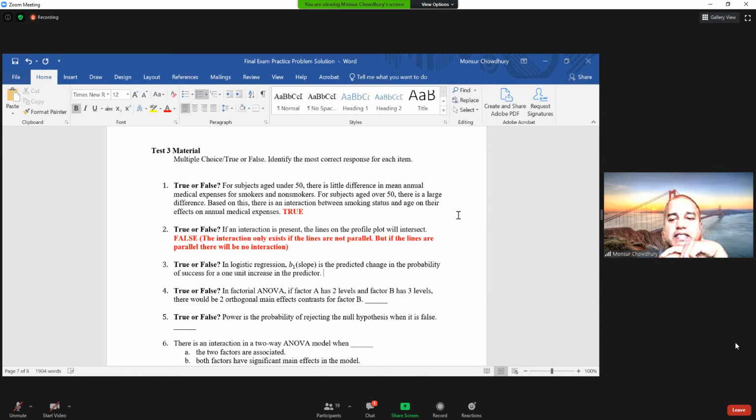Anyone? So in logistic regression, if we interpret in terms of 1 unit increase, then this is the expected value of the log odds. This is not the probability. Okay? So this is false.